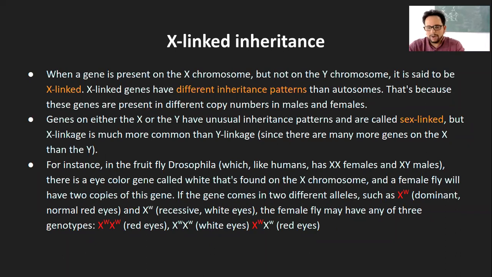In this case, we are going to specifically see an example which has similar genetic makeup like human, that is XX for female and XY for male, and that is a fruit fly which is called Drosophila.